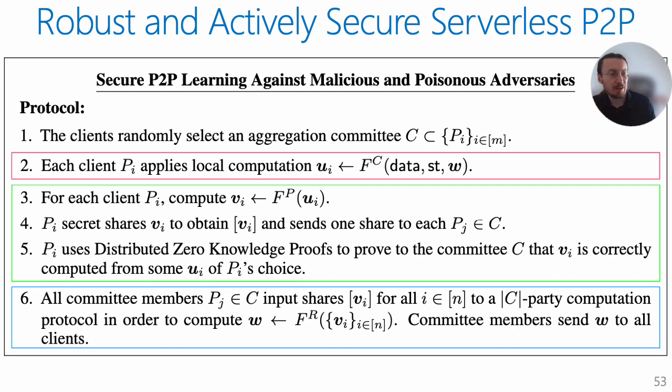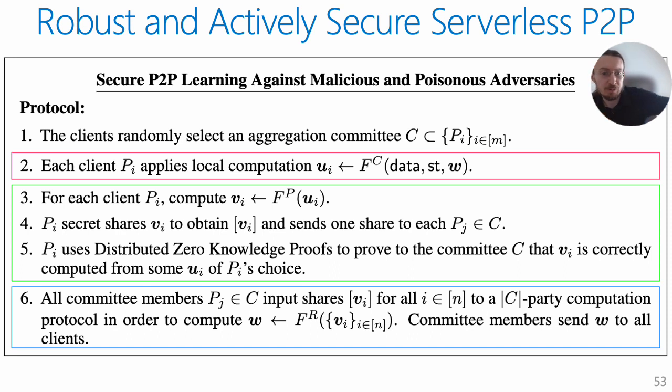In the first step, what is done is that the clients randomly select the aggregation committee C. Then each client computes the local update U sub i in this second step. And this is done also taking into account local private data in each client, the state in each client, for example, learning rate or any other parameter, and also the global parameters for the whole collaboration, which is this vector W. Next, in the third step, additionally, each client does some pre-processing.